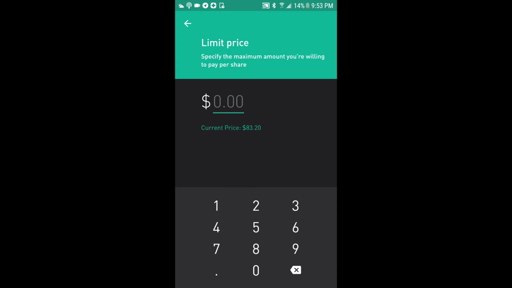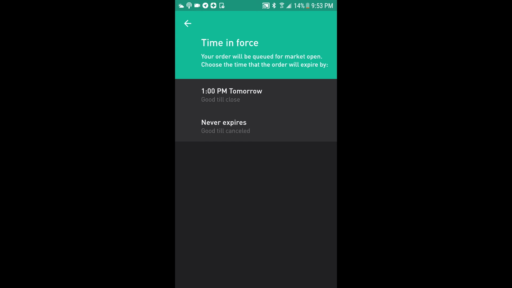So, say the stock is currently worth $83.20. You can put that you're only willing to pay $75. And time in force means that you can have that limit only for today, or you could have it forever. So if it ever hits $75, you will automatically buy shares of that stock.